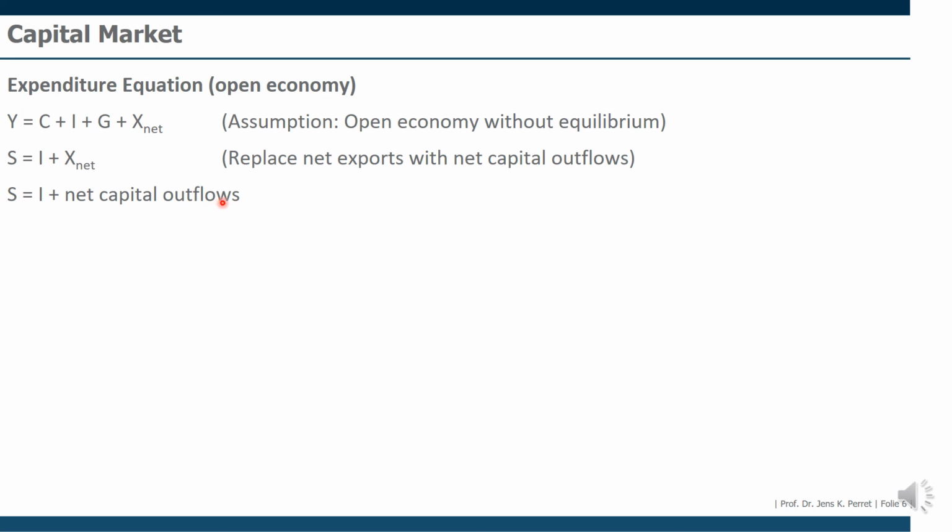And now we can take a moment to think what net capital outflows actually are. And that's basically investments abroad. So this equation simply states that whatever our households save is either invested domestically or abroad. And that's then the equilibrium condition for the capital market in an open economy.